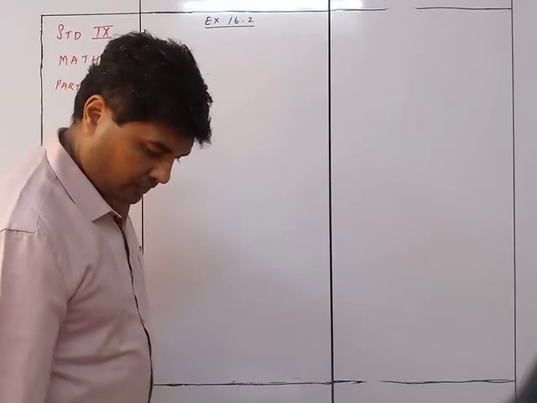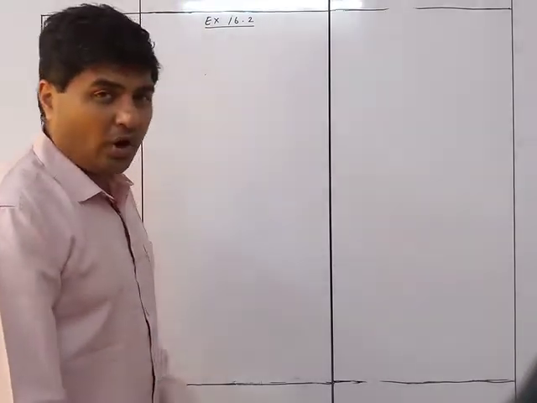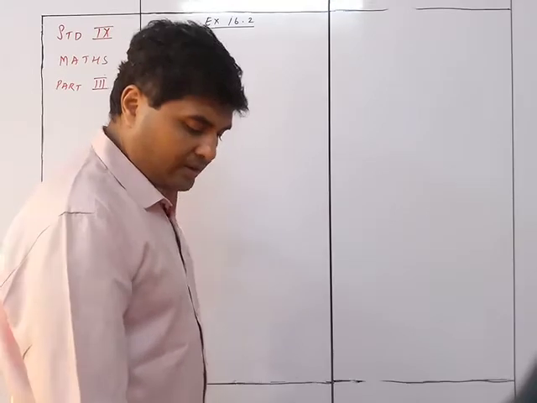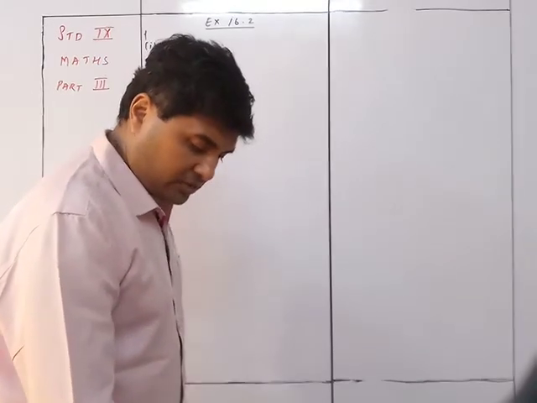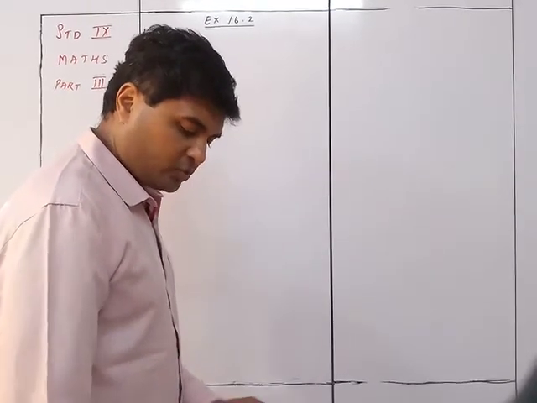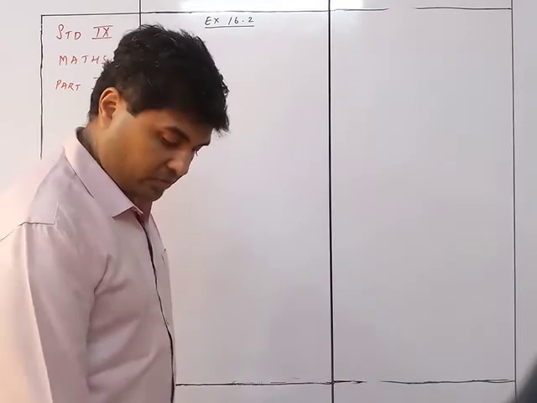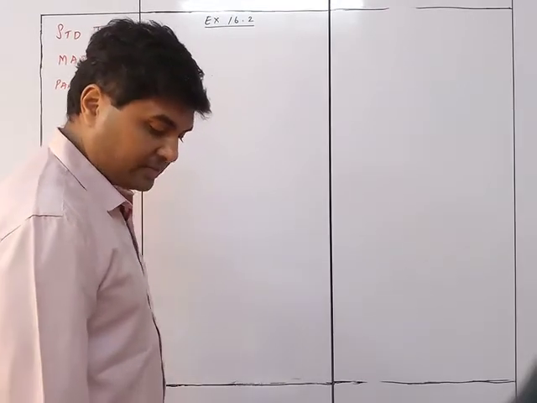So we'll do only alternate sums. So we'll directly come with 1, then second, then fourth, then sixth, then seventh. Okay, so we'll go for the alternate sums.